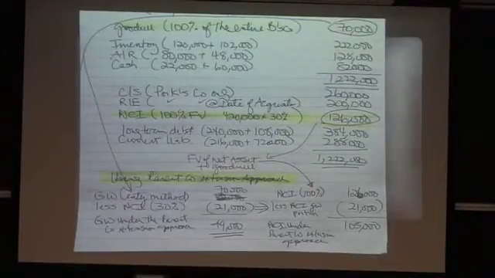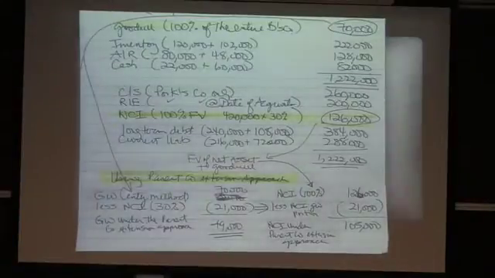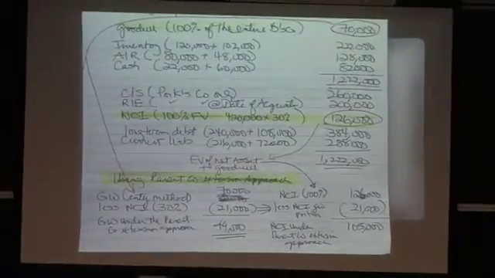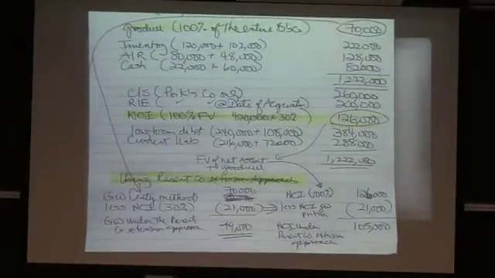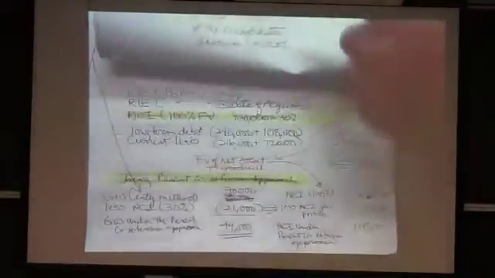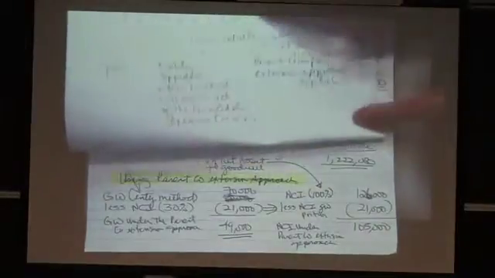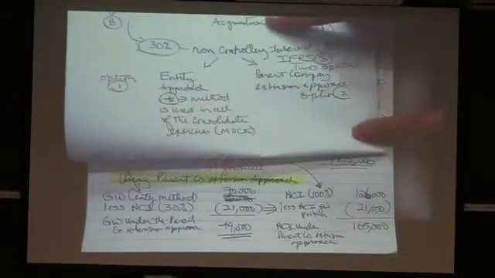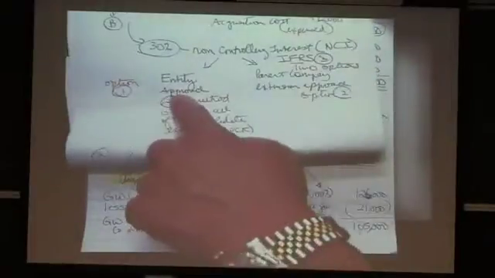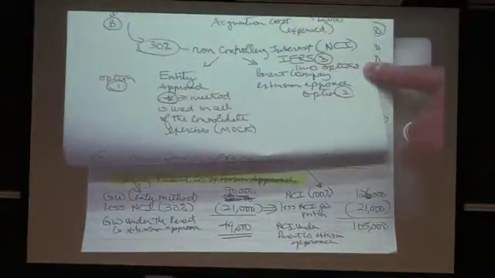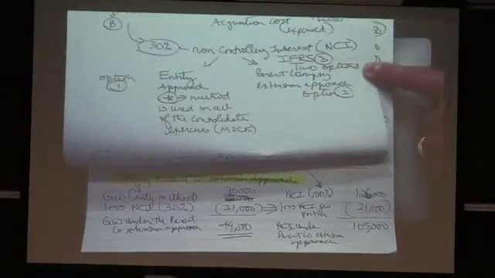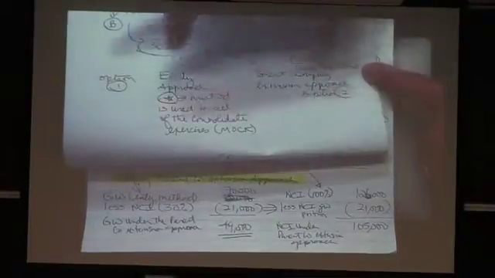Okay, so there are basically two methods that the standard allows us to use. The two methods are the parent company extension approach and the entity approach. These are allowed under IFRS in recording non-controlling interest. And there are two different philosophies.